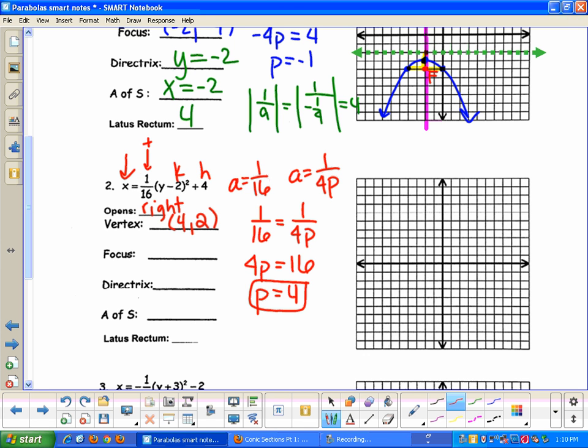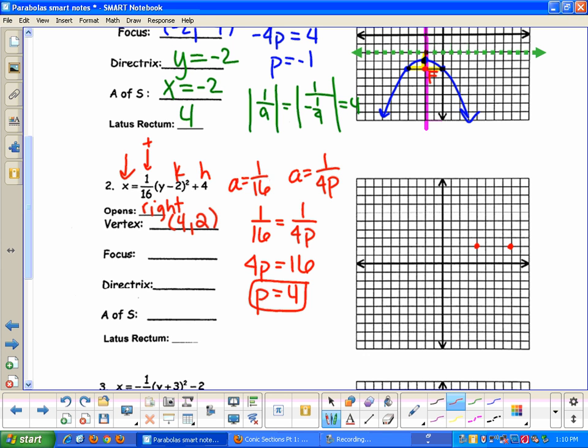So that means from the vertex, which is at 4, 2, my graph is opening to the right, so I know it's going to be a distance of 4 from here to my focus, and then to the right because it's always on the inside of your parabola and because that value is positive.